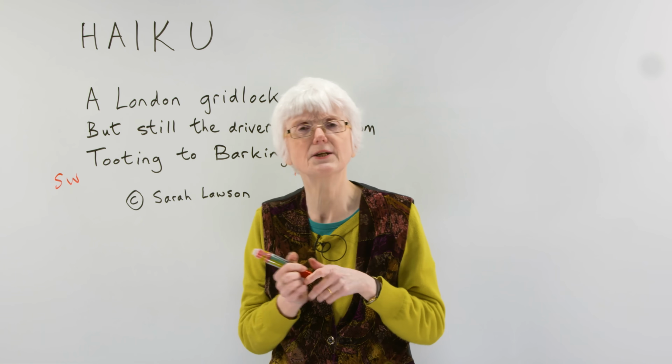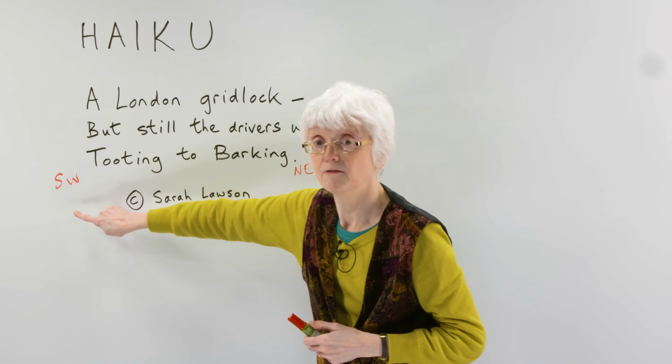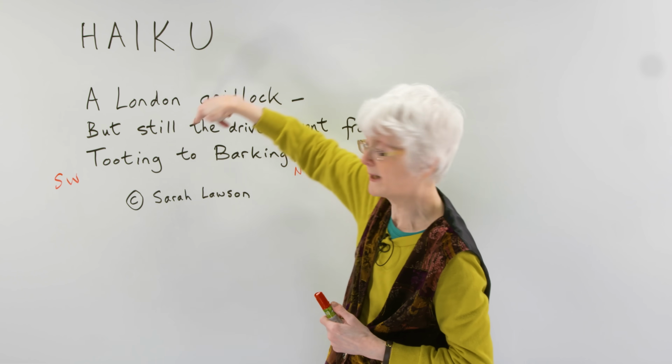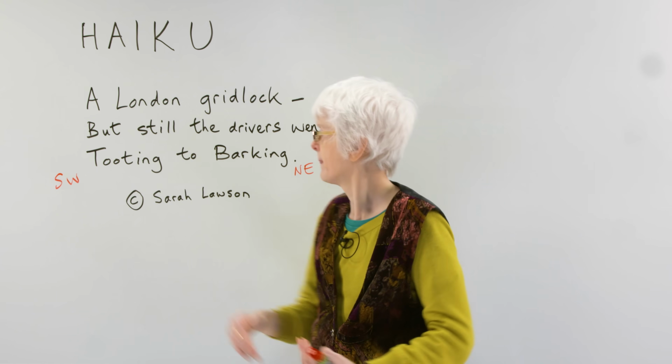Okay, so if you're literally going from Tooting to Barking, you're going from there to there, right across London, through the middle and out the other side. So it's a long, long way.